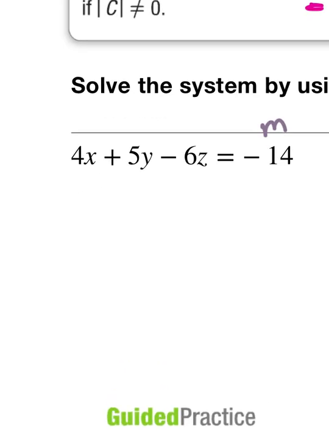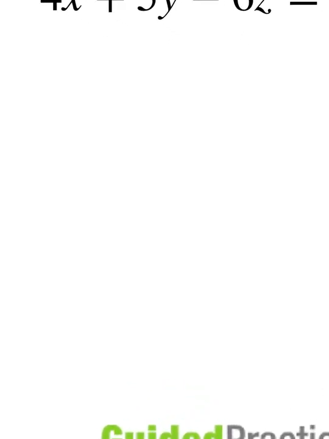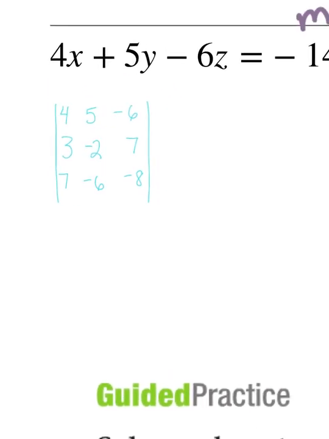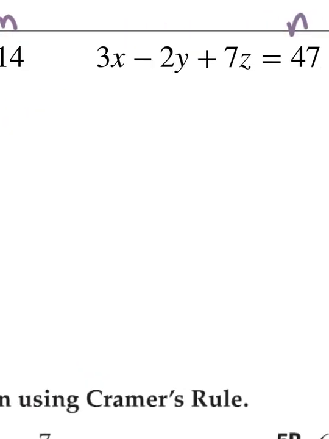All right, so I have these on a separate screen where I can see the equations, but basically this is 4, 5, -6, 3, -2, 7, and 7, -6, -8. Okay, so I got all those from just looking at these right here.